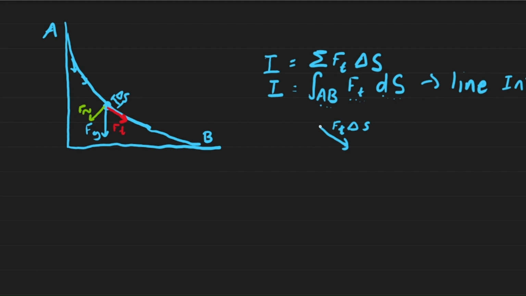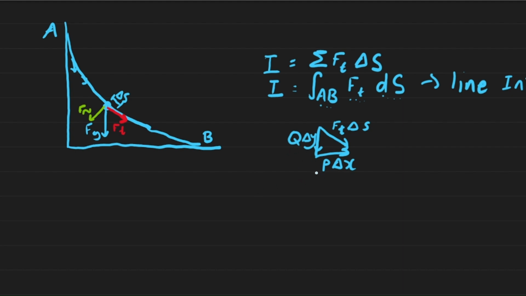So what we're going to do is break this up into two parts. Instead of this quantity, Ft delta S, we can think of two other quantities that we are now defining. We'll call them Q delta Y and P delta X. So we are creating these two quantities, P and Q, such that Ft delta S is equal to the sum of these two quantities.